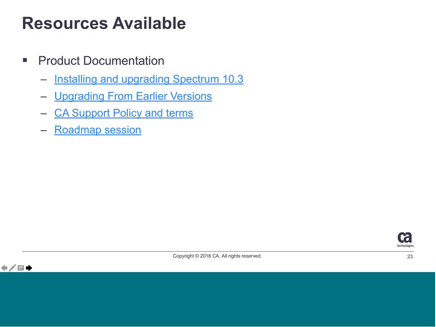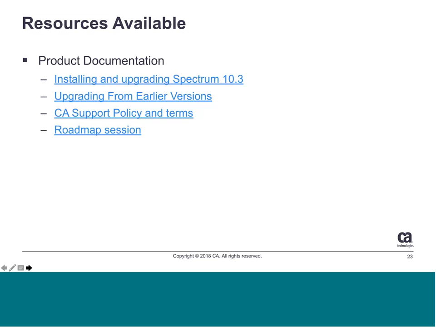And finally, I'd like to recommend you to attend a roadmap session. The roadmap session would give you a view of where we are headed, kind of how Spectrum fits into the entire NetOps view and how we integrate into the operational intelligence platform.